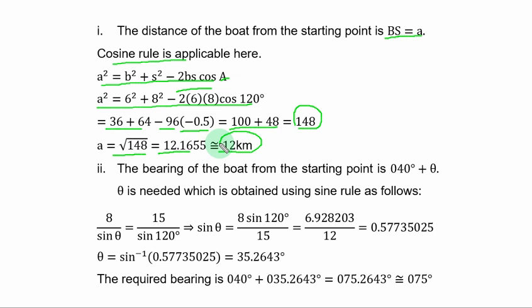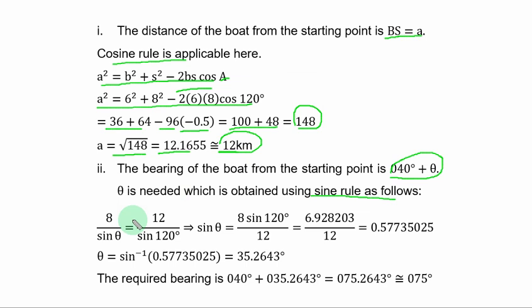Roman figure 2. From the diagram, the bearing of the boat from the starting point is 040 degrees plus theta. Theta is needed, and if you visit the diagram, it is obtained using the sine rule. The side facing theta is known, the angle of 120 degrees is known, and the side opposite to it is this 12.